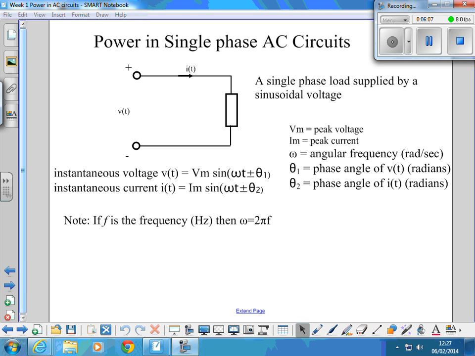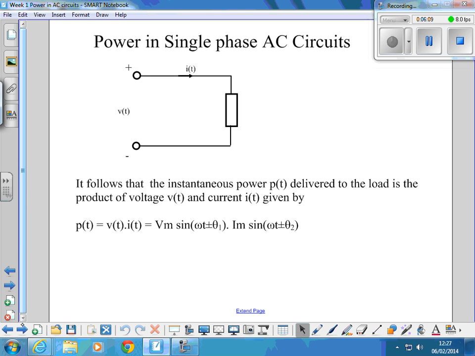Right, gents, moving on from that, consequently, as power, one way of calculating power is the voltage multiplied by the current, we can calculate the instantaneous power at any moment in time by multiplying together the instantaneous voltage and the instantaneous current.